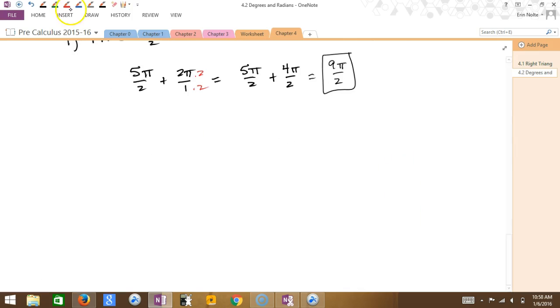Okay. Converting between radians and degrees. Let's go from degrees to radians.